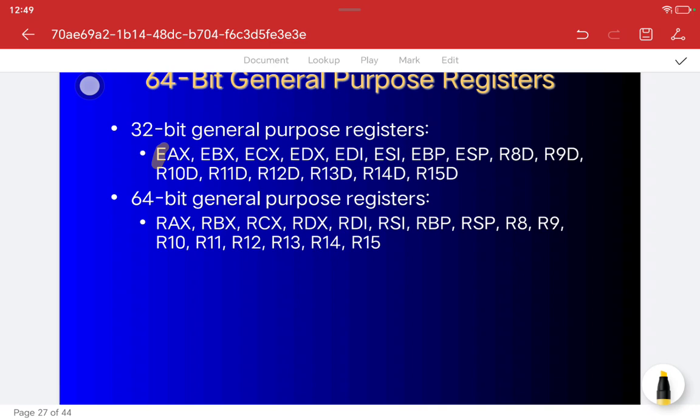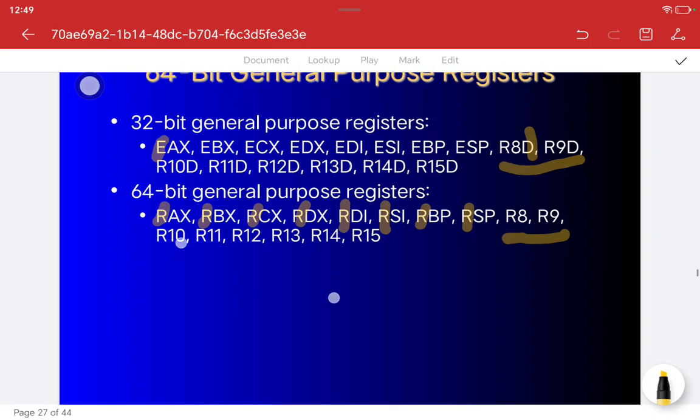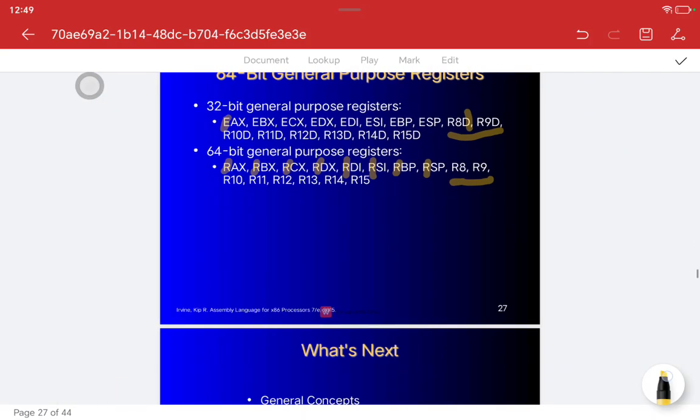If you want to represent it in 64-bit, you just replace that E with R. Everything is the same, you just replace it with R. So we're not going to discuss this in most cases. Also, these they don't discuss, but the difference is that for the 32-bit you put D, and for the 64-bit you don't. That's why you didn't see them when we were looking at the registers there.